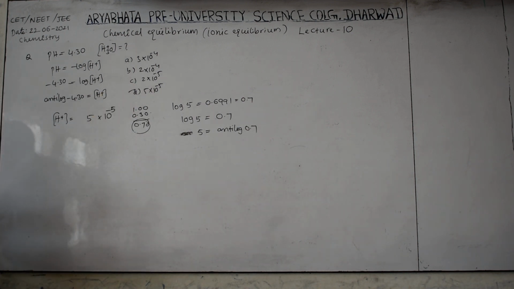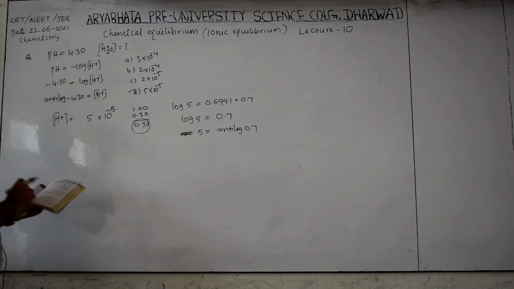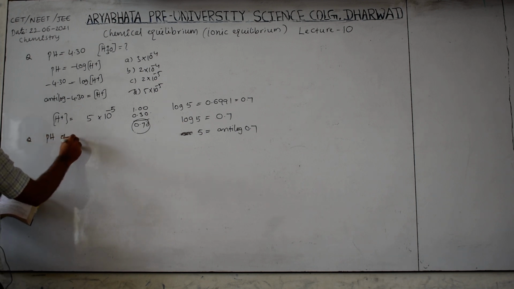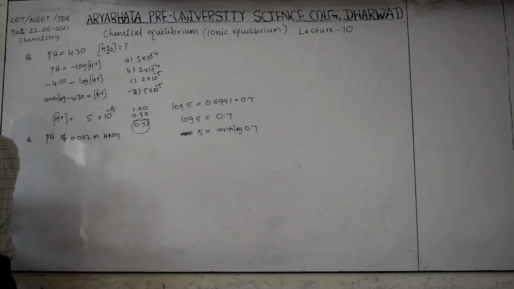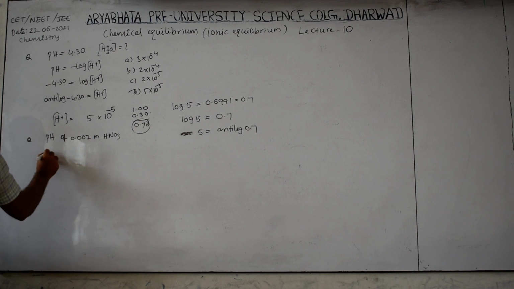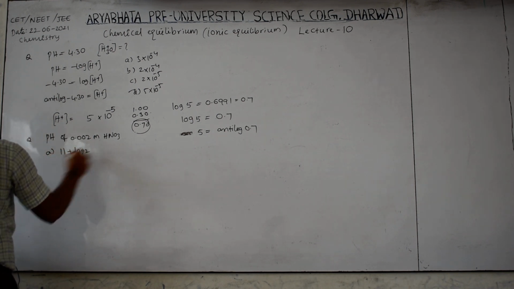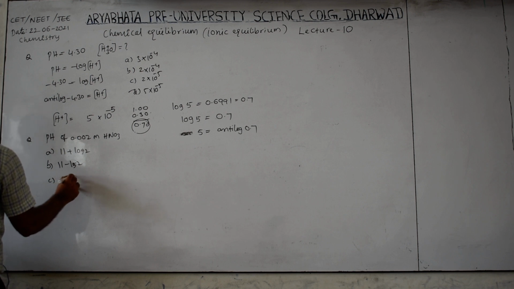Next question is: pH of 0.002 M HNO3. Now the options are given: A, 11 plus log 2; B, 11 minus log 2; C, minus 3 plus log 2; D, none.